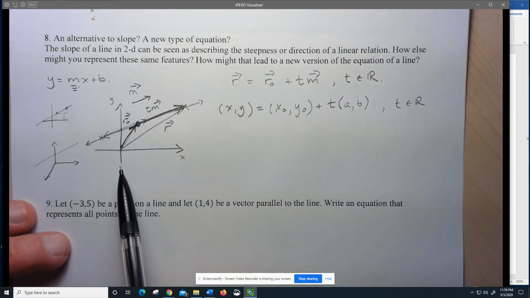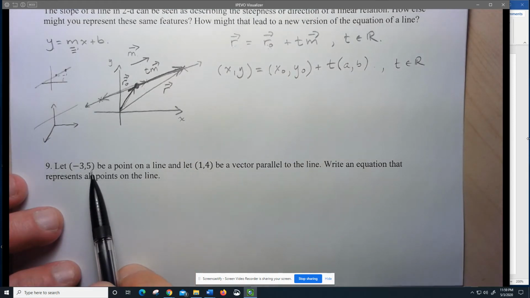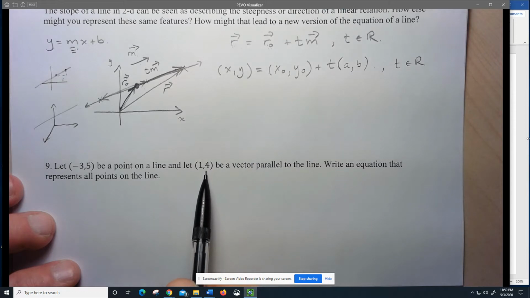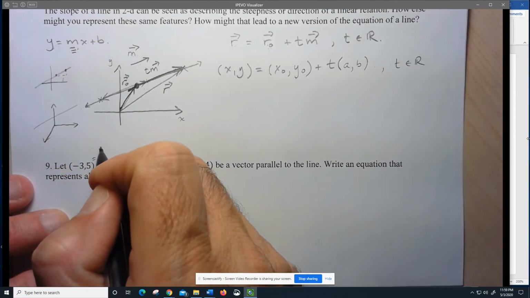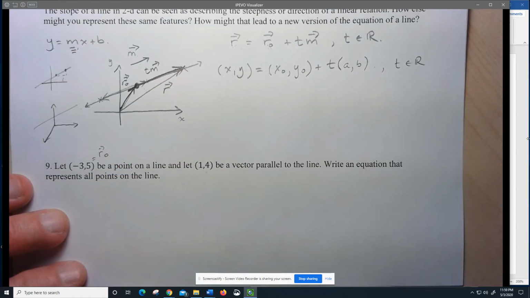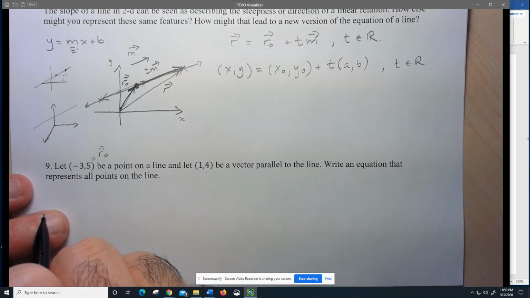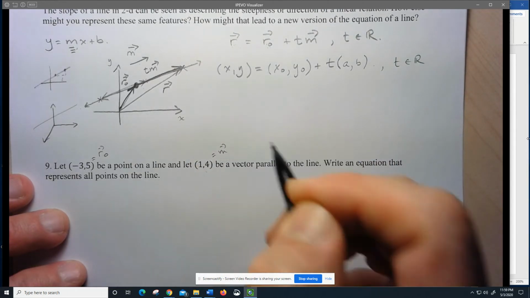All right, so if we take a look at this example, if I give you a point on the line, and now instead of giving you a slope I'm giving you a vector parallel to the line, this is going to represent my R naught as a vector, from 0, 0 to this point, and this is going to represent my direction vector.